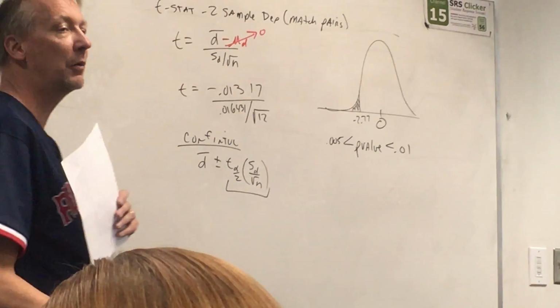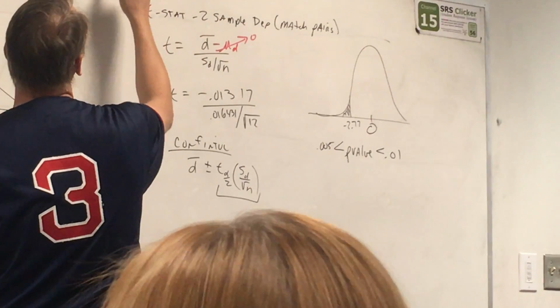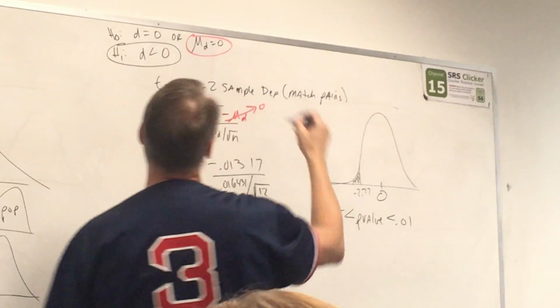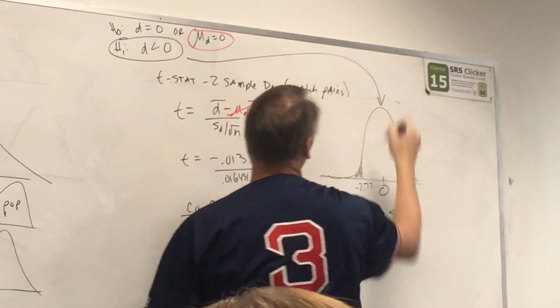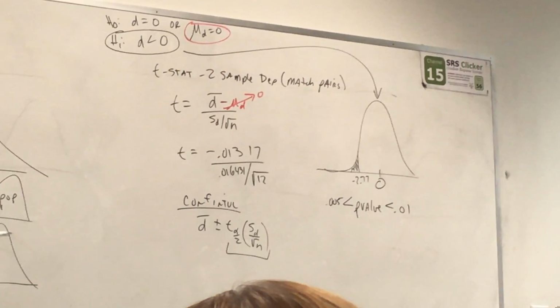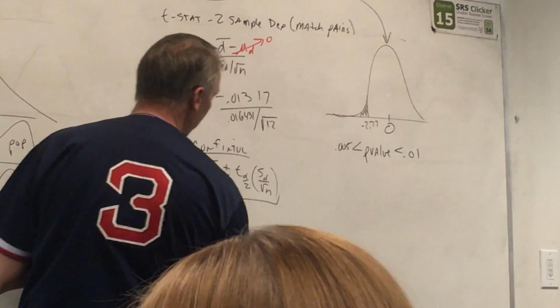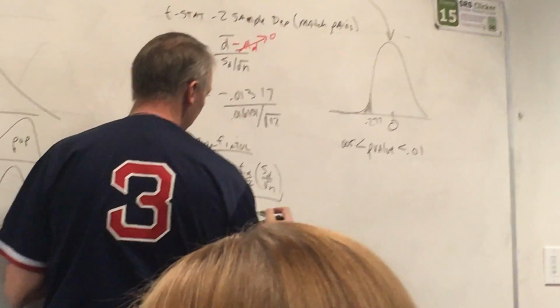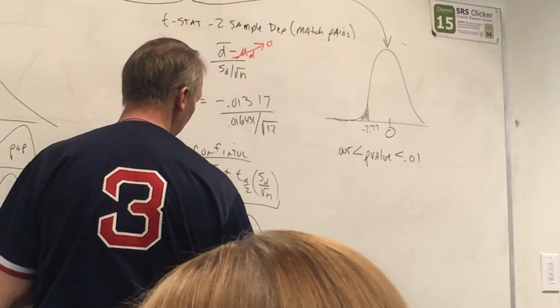Now, the one thing that I want to point out here, we did a one-tailed test right here. Okay, what's your confidence interval? Confidence intervals are always two-tailed, right? Okay.